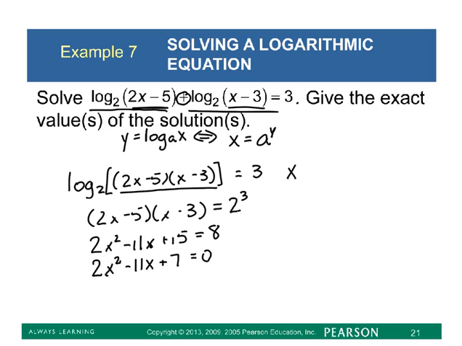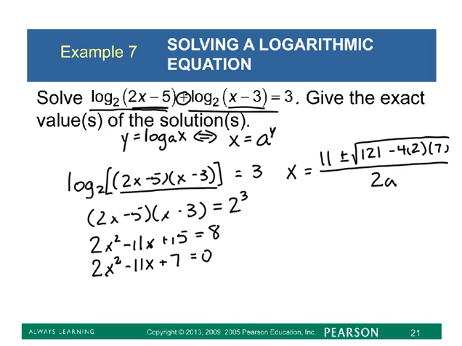And let's do that. We get negative 11, so just positive 11, plus or minus the square root of 11 squared, or negative 11 squared, minus 4ac, all over 2a.